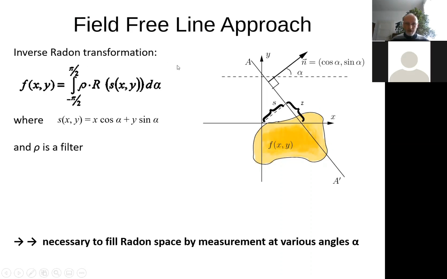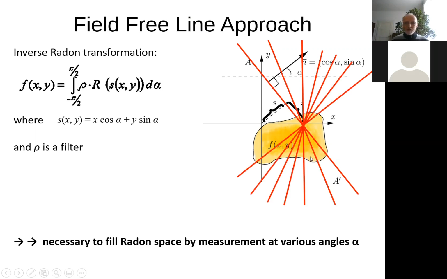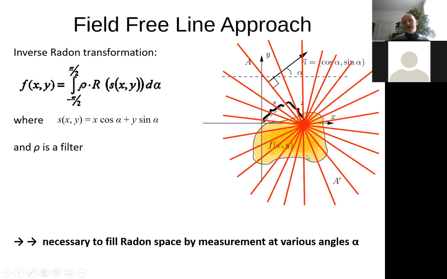But of course, we need to fill the Radon space by measurements at various angles along which we use for integration here. So we need to repeat this, rotate the field-free line in the space, measure the signal along each line, and then we can calculate the distribution of the density of the tracer in the XY plane.